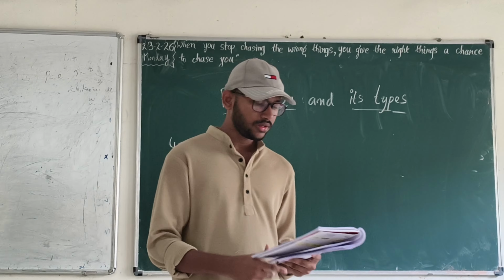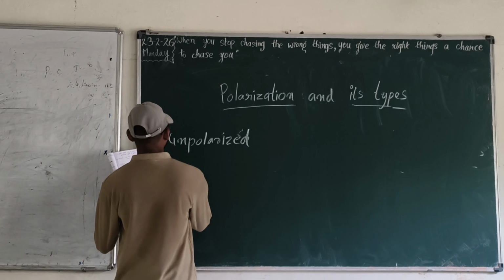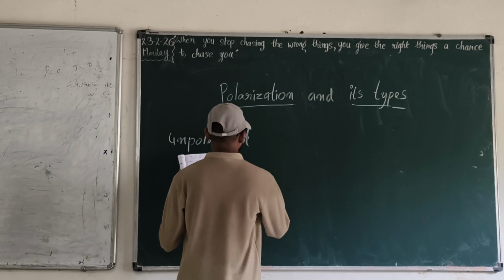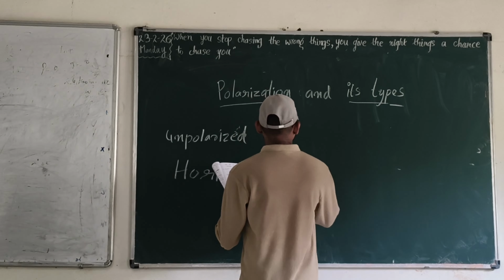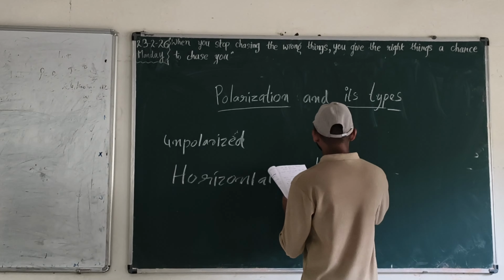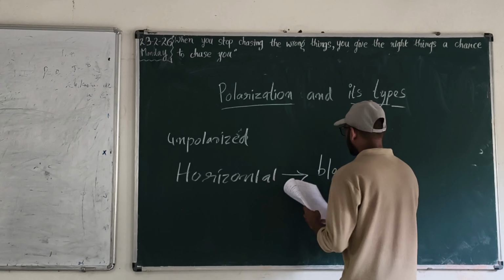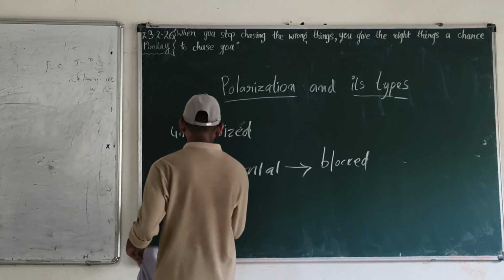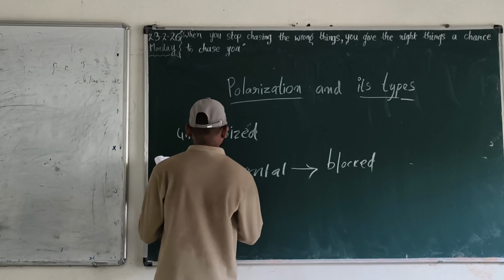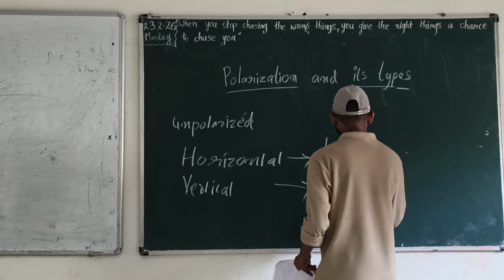So, if the electric field oscillations are horizontal, the rays are blocked. If the electric field oscillations are vertical, the rays are allowed.